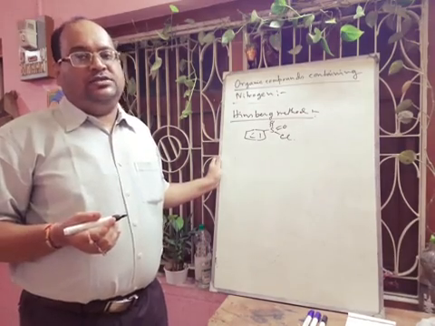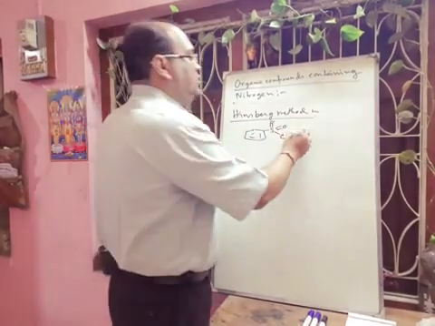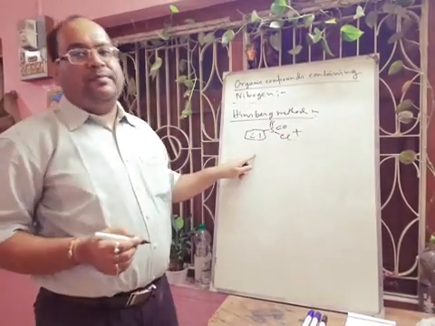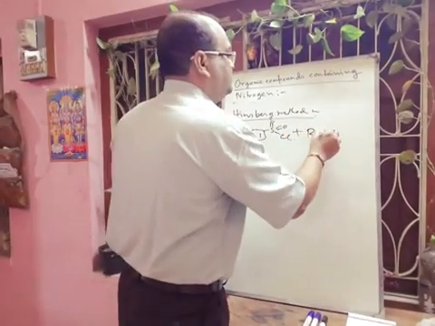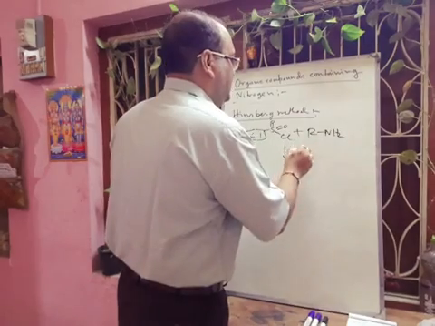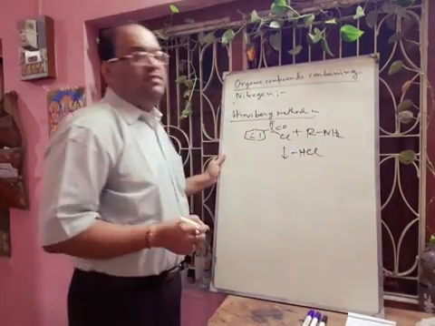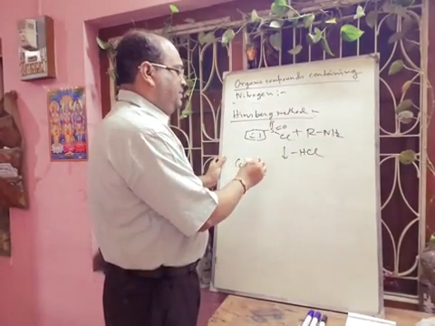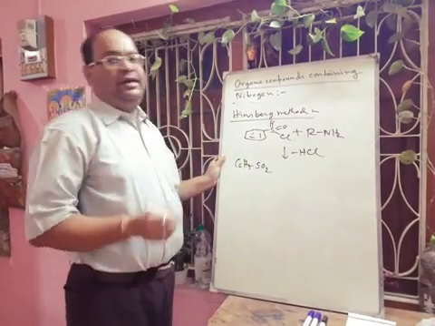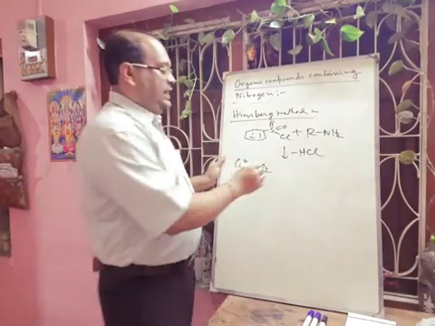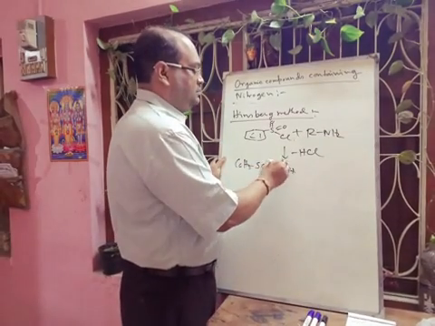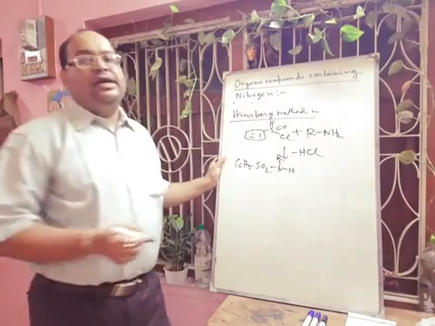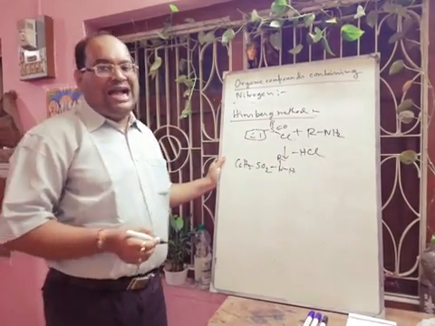So this reagent will react with the primary amine, R-NH2, and there will be elimination of HCl, and we get C6H5SO2NHR. In the next step we have to add KOH.